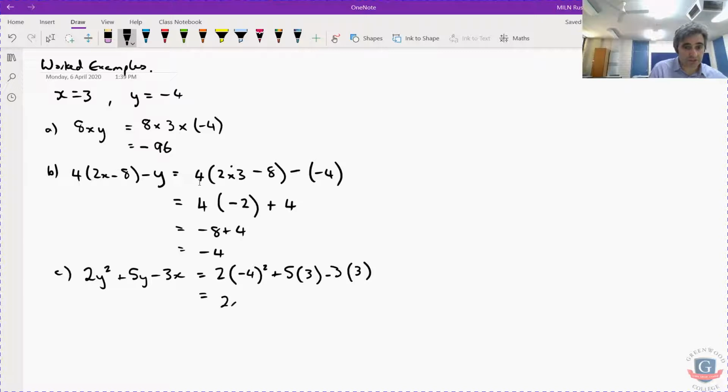So that's 2 times 4 times 4 is 16. Negative times negative is positive. 5 times 3 is 15. Take 3 times 3 is 9. 32 plus 15, take 9. 47, take 9. That should be 38.